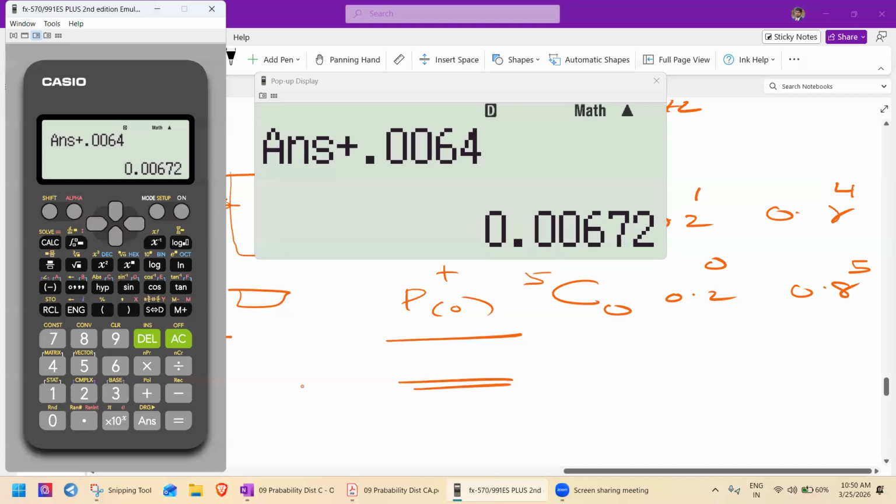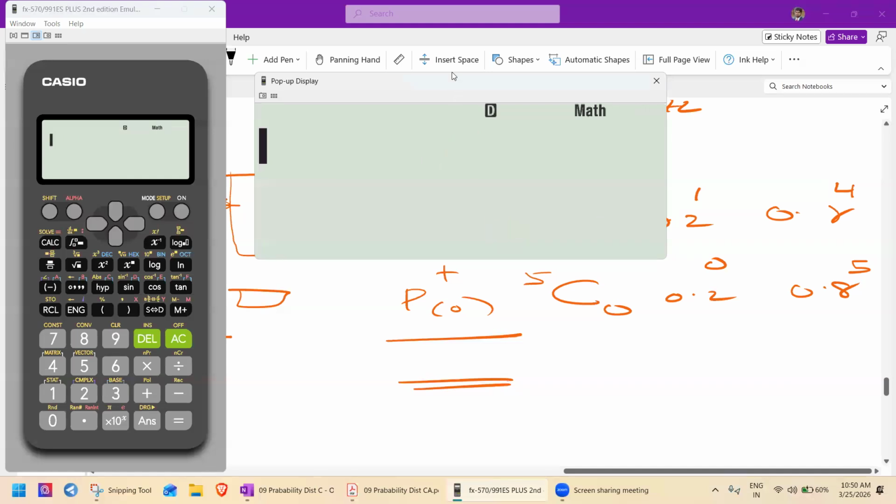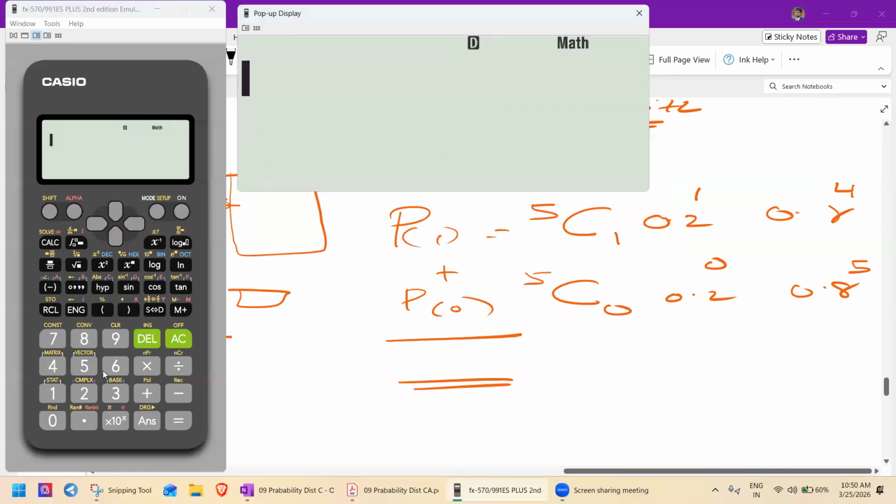I start from 0. Here 5 C 1, multiply. So I add a bracket, it's easy.